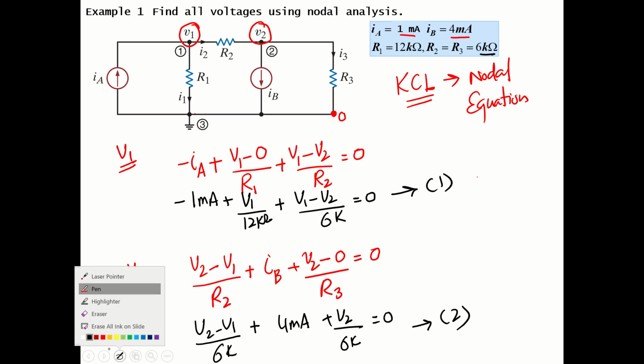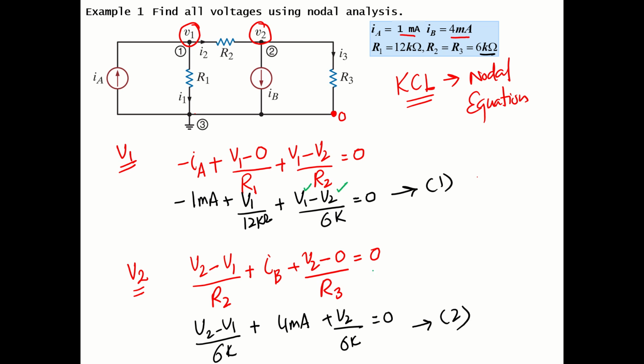If you look at these two equations, we have two unknowns, V1 and V2, and two equations. Now we can use different methods to solve two linear equations of two variables to get these values.